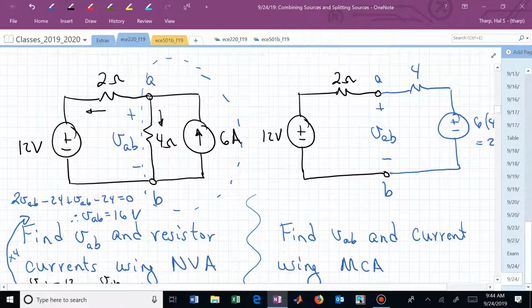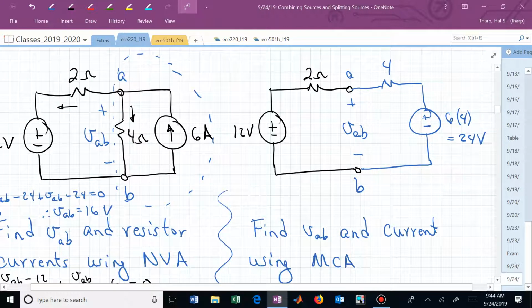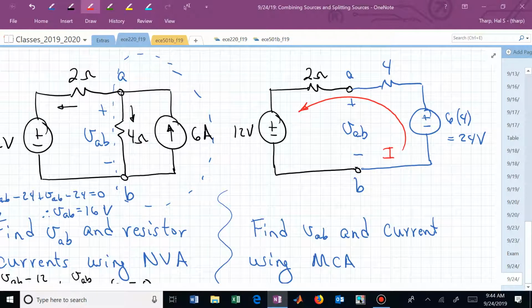What about over here on the right? Can you now find V sub AB? Maybe we don't need to. Maybe we just find that current I. It's one series mesh, one series loop.